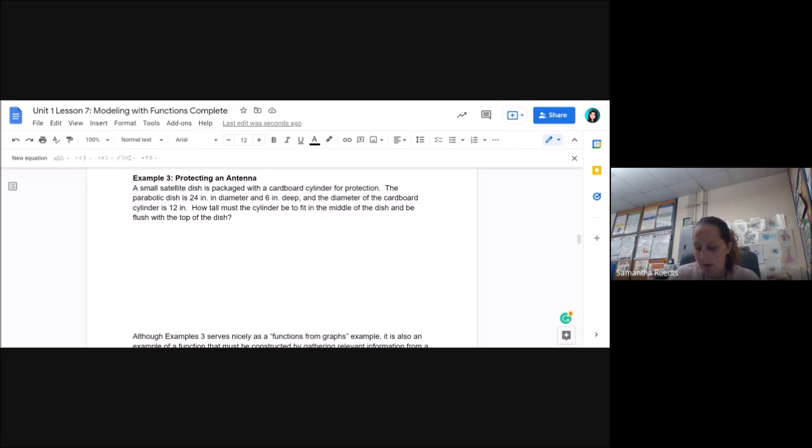You can also see that the diagram in figure 1.82a, showing the cross-section of this three-dimensional problem, is also a two-dimensional graph of a quadratic function.